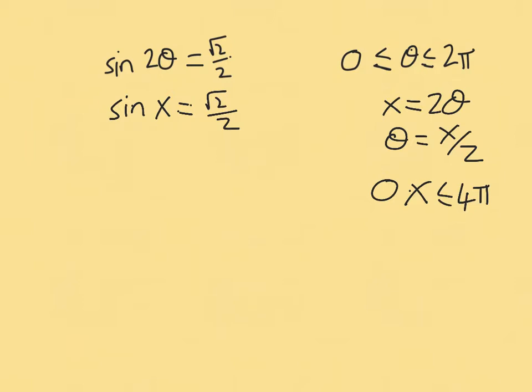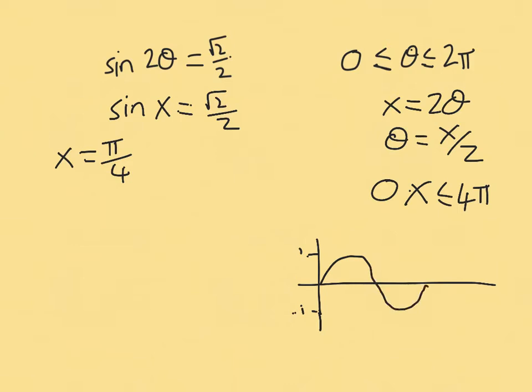Sine x is root 2 over 2. Our principal value is going to be pi over 4. Let's remind ourselves of the graph of sine: 1, -1, up and down, up and down.